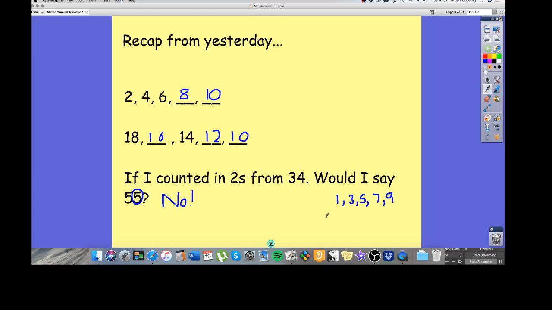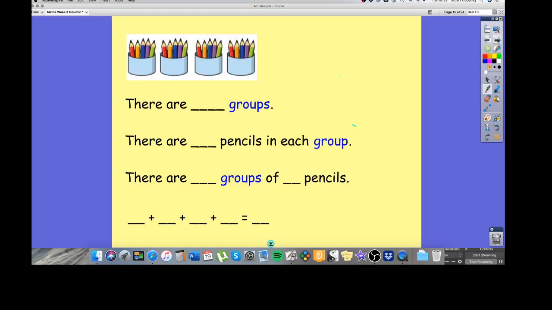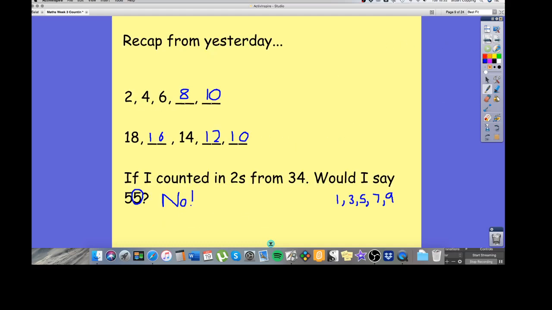And you will have noticed this yesterday from your counting in 2s activity. Those, whether you're year 1 or year 2, those numbers wouldn't have come up yesterday when you were counting in 2s. Okay, so let's get on to counting in 5s.